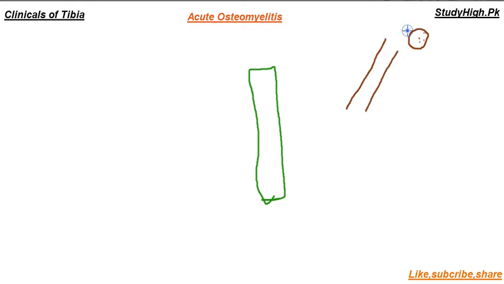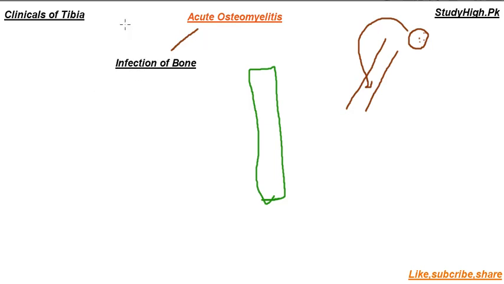This bacteria is Staphylococcus aureus, that is mostly involved in causing acute osteomyelitis. What is acute osteomyelitis? It is the infection of the bone.